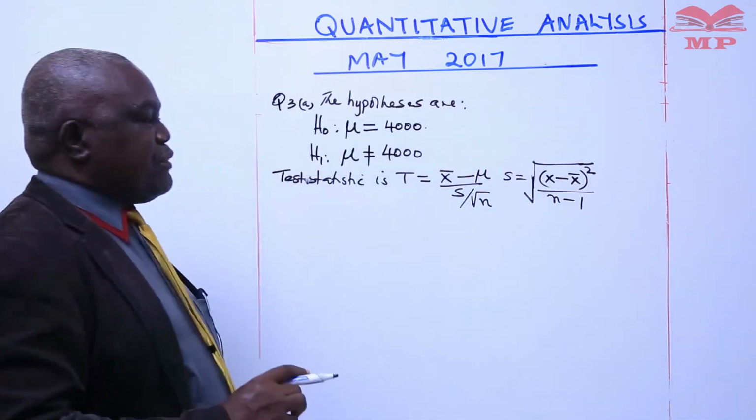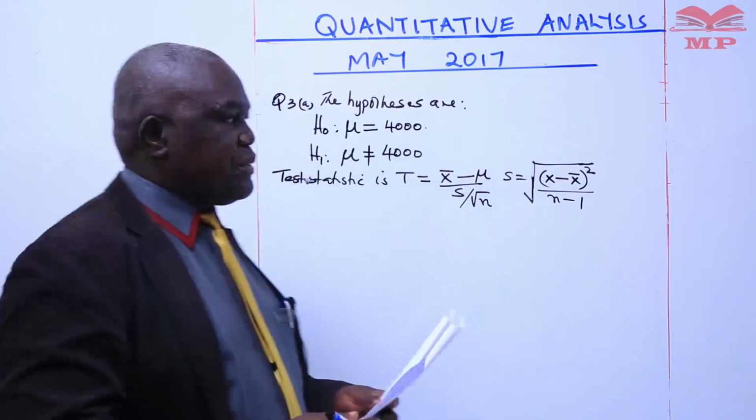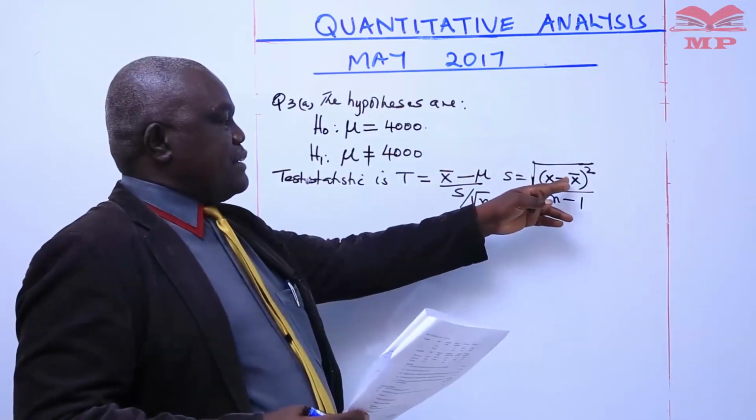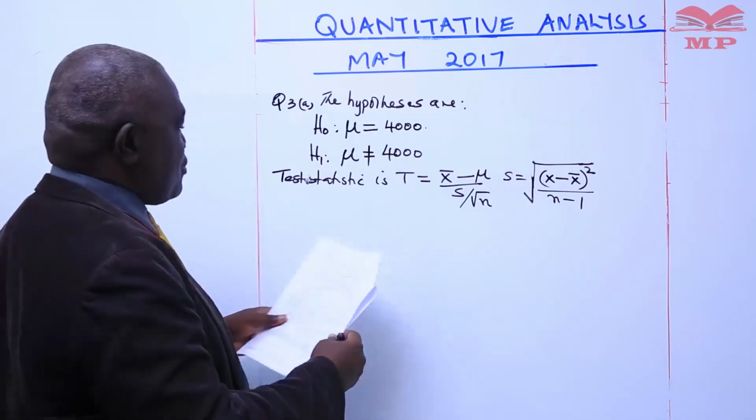This is a T distribution with N minus 1 degrees of freedom. So the computation for this part will have to use the table, and this is my computation worksheet.